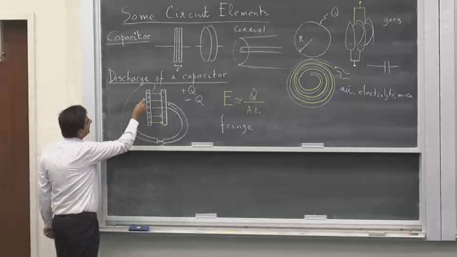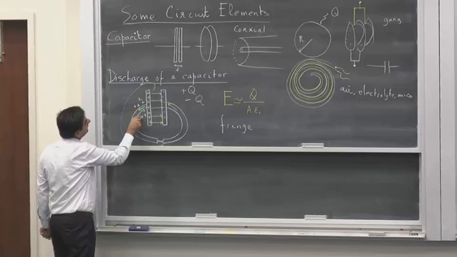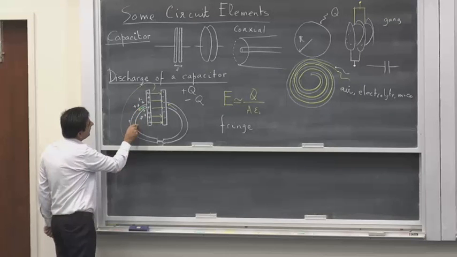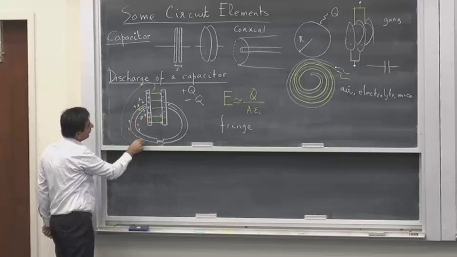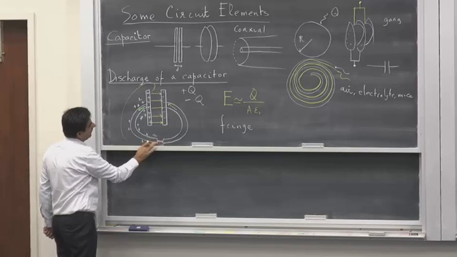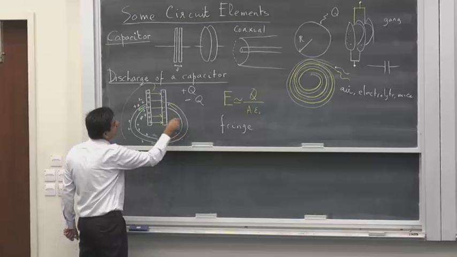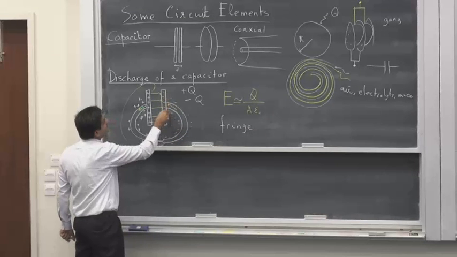So here there will be some surface charge. It will dilute as we go away from this positive plate. Here there's going to be some negative charge. This negative charge is going to concentrate a little bit as we move towards the negative plate.